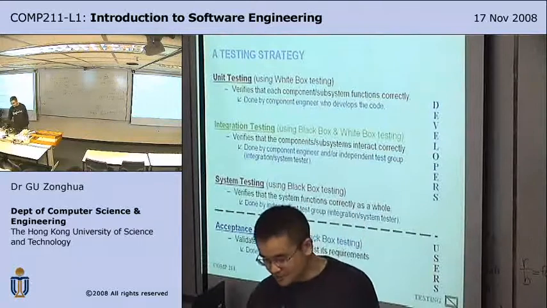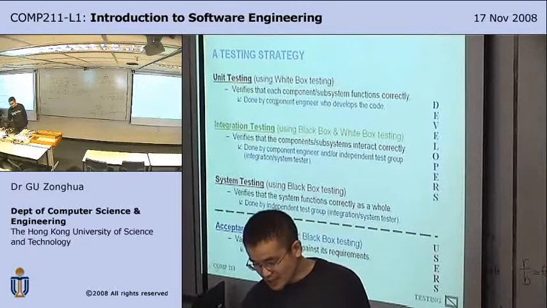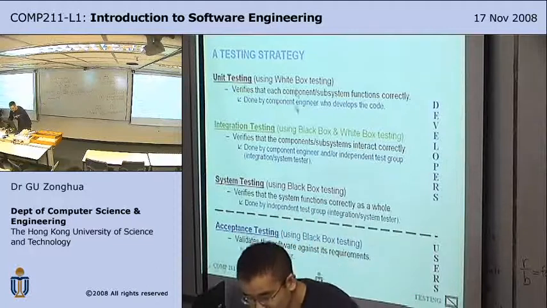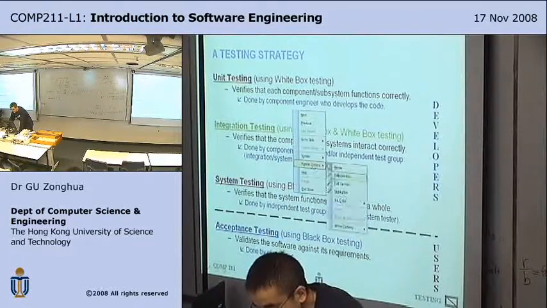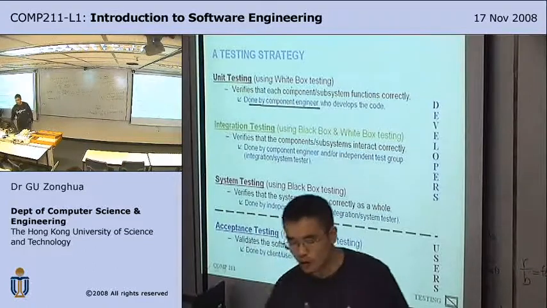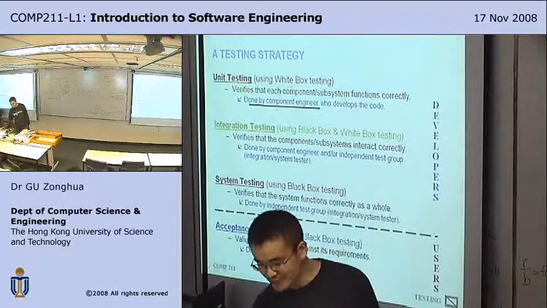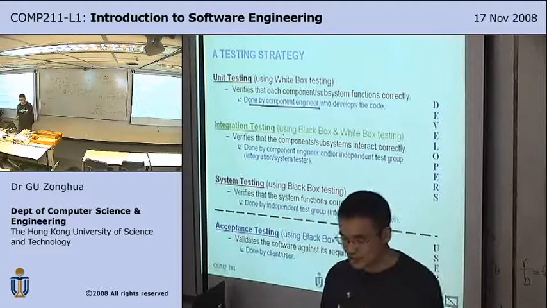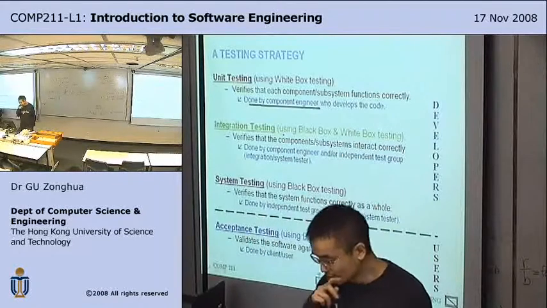So unit testing is typically done with white box testing, done by the component engineer who developed the code, verifies that each component and subsystem functions correctly. Integration testing can be done with black box and white box testing, a combination of both.